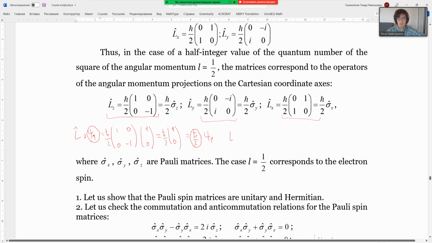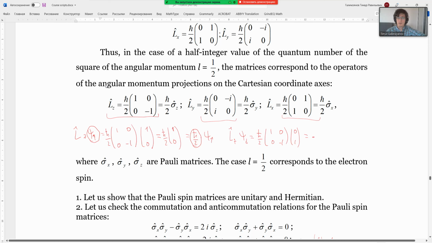We can do the same thing. Lz psi down equals h halved times the matrix (1, 0; 0, -1) acting on (0, 1).